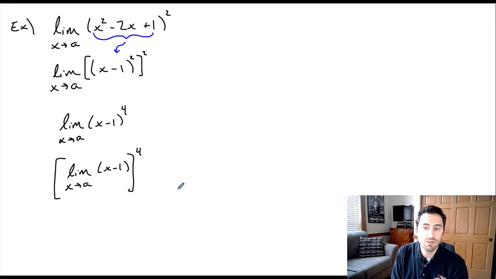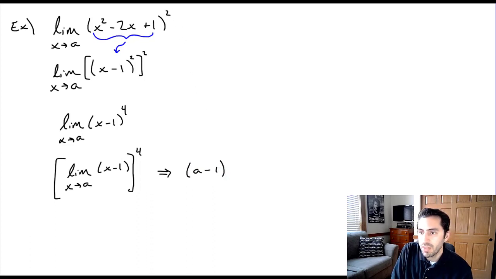Now the reason that this is useful is because now that the exponent is around the limit, what I'm left with on the inside is a little linear function. This is just a combination of the identity function and a constant function. So we know how to simplify that already. So with a little bit of substitution, this is what we end up with. So the limit as x approaches a of x minus 1, that simplifies to just a minus 1.